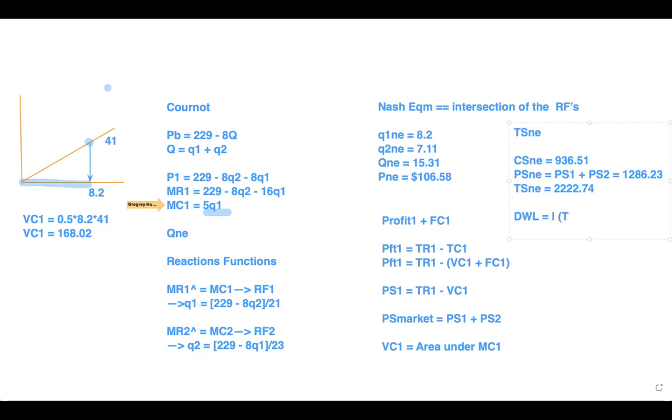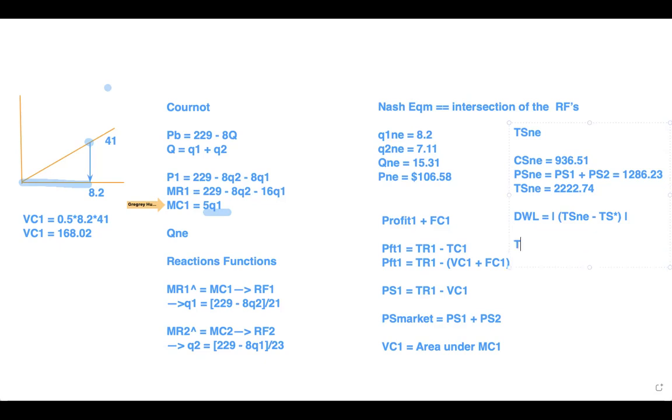So we're going to do total surplus under NE minus total surplus under competition. We're missing a piece of data, because we don't have our total surplus under competition.